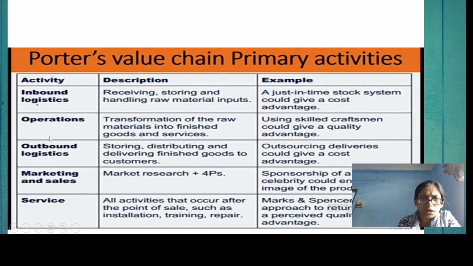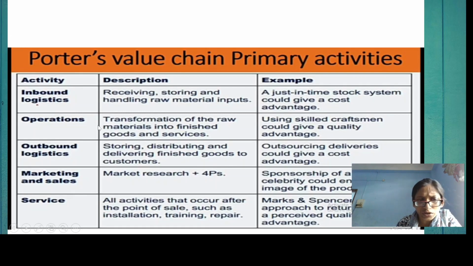Suppose in inbound logistics, where we are acquiring and gathering our raw materials, we can use a just in stock system, so that we don't have to store our raw material for a longer time, and in this way we can save some cost of storehouse and all those issues.